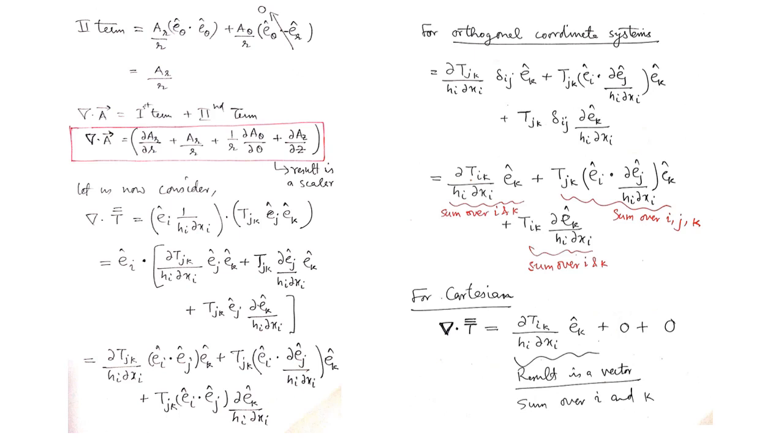This is something worth noting, that when you take the divergence of a vector, you get a result which is a scalar, for cylindrical coordinate systems as well as Cartesian on the previous slide. And when you take the divergence of a tensor of rank 2, you get a lesser complex quantity, which is a vector. Something worth noticing. Again, i and k being repeating indices, sum over i and k is implied.